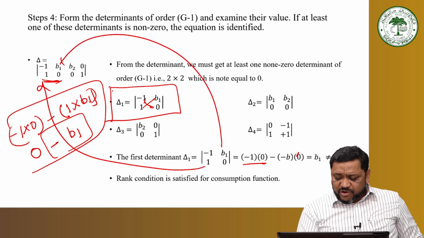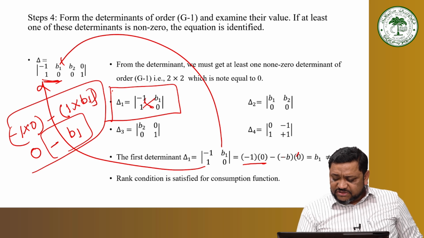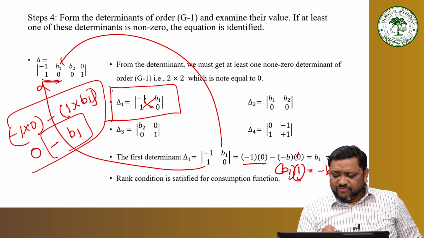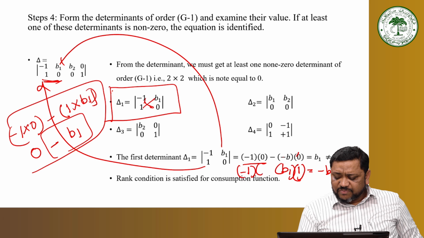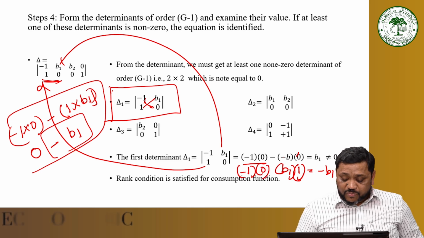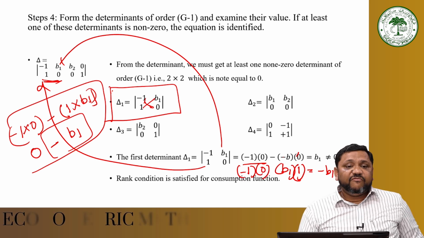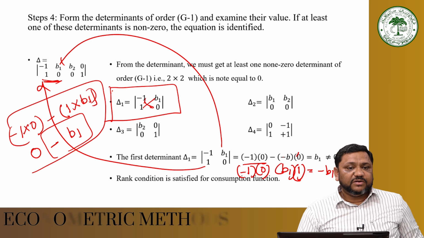So it should be -1 into 0, and the next term should be B1 multiplied by 1. So this is equal to minus B1, and it is having a non-zero determinant.